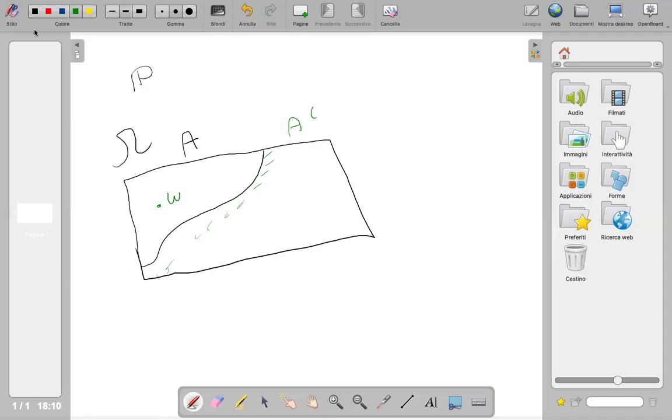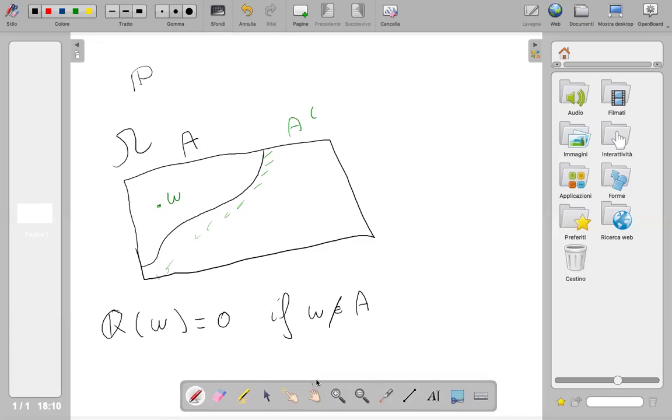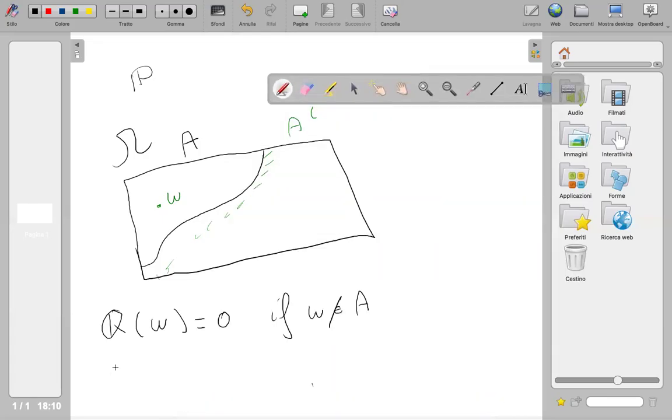So the new probability Q will have to assign 0 if omega is not in A, because we know that A happened, so it has to be equal to 0. And what about Q of omega when omega is in A?